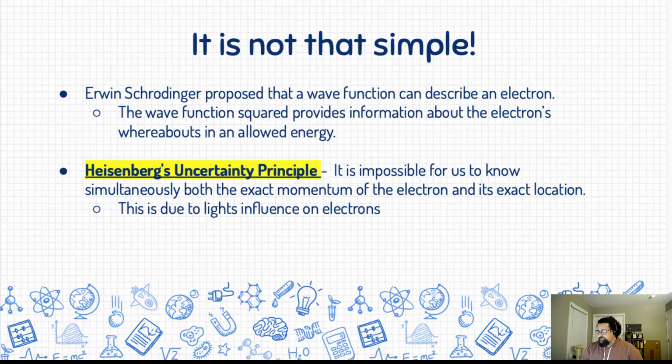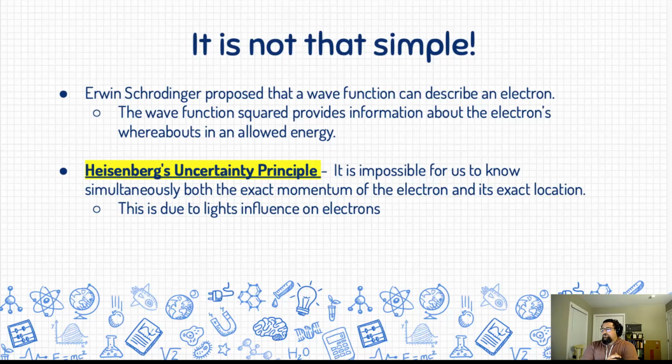A brilliant physicist by the name of Erwin Schrödinger proposed in the early part of the 1900s that a wave function can describe the electron, or that electrons can behave like a wave. And so the wave function squared provides information about the electron's whereabouts in an allowed energy.